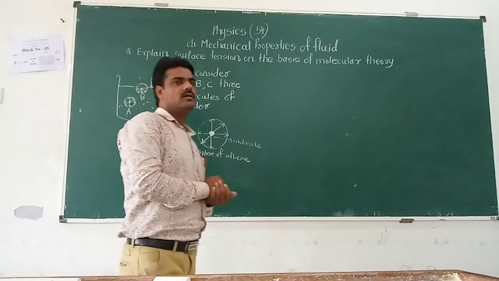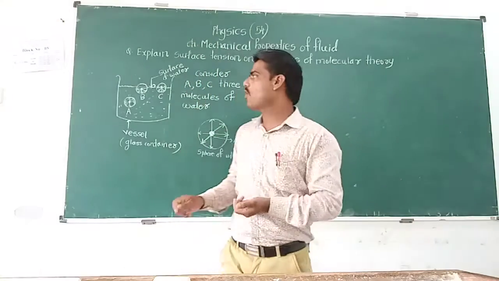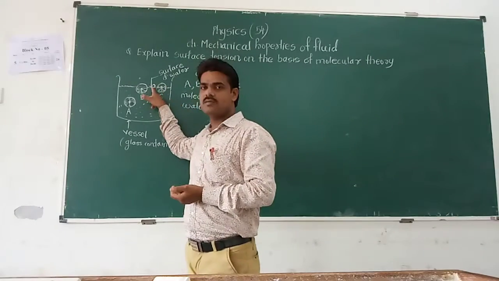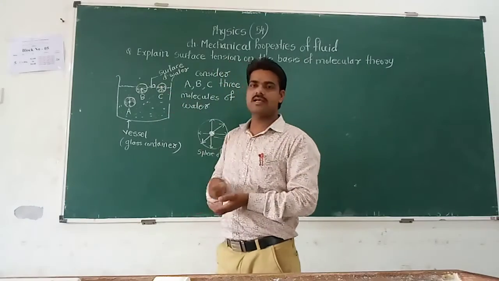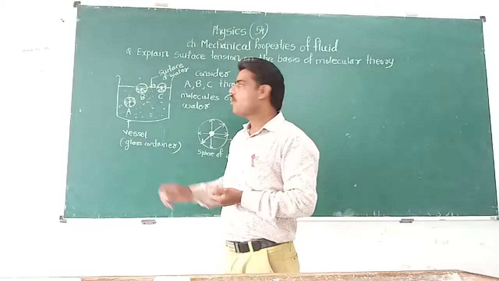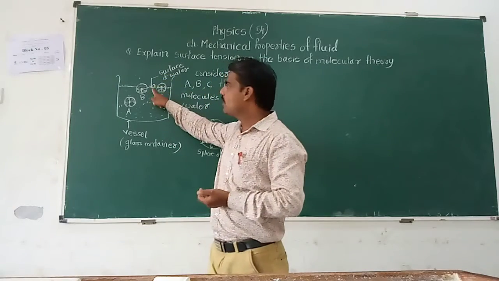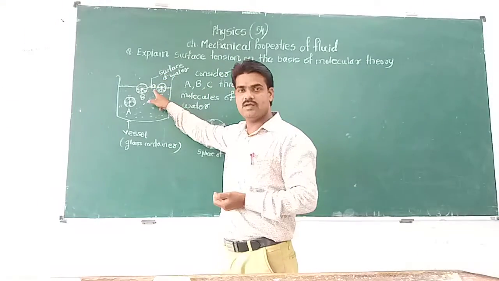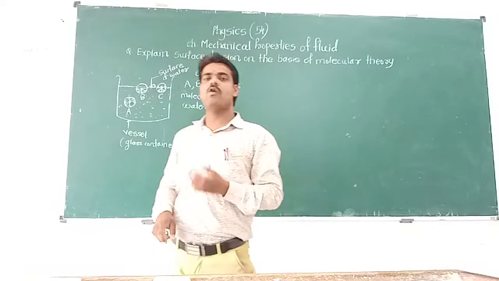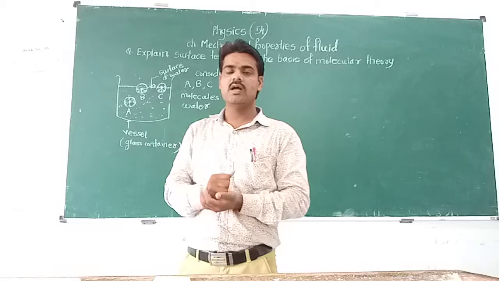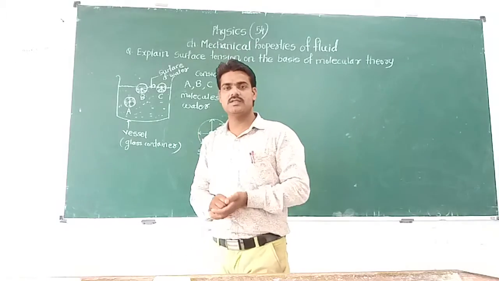As the molecules get contracted, they come to a tension level on the surface; it is called surface tension. On the surface of the water, molecules come to a tension level, they are contracted. It is possible on the surface of the water, so it is called surface tension.